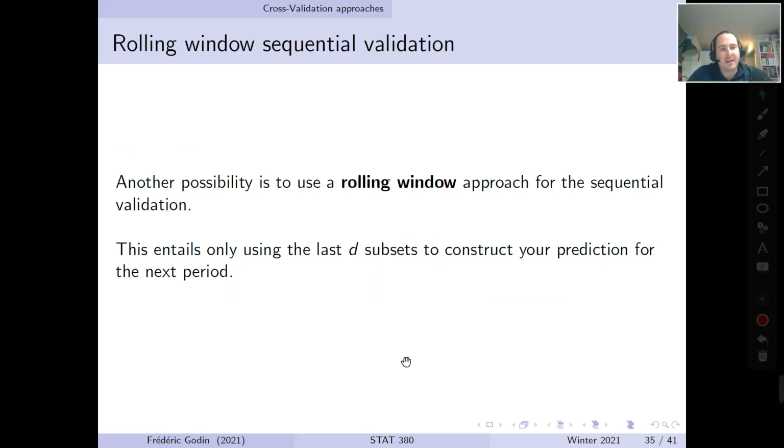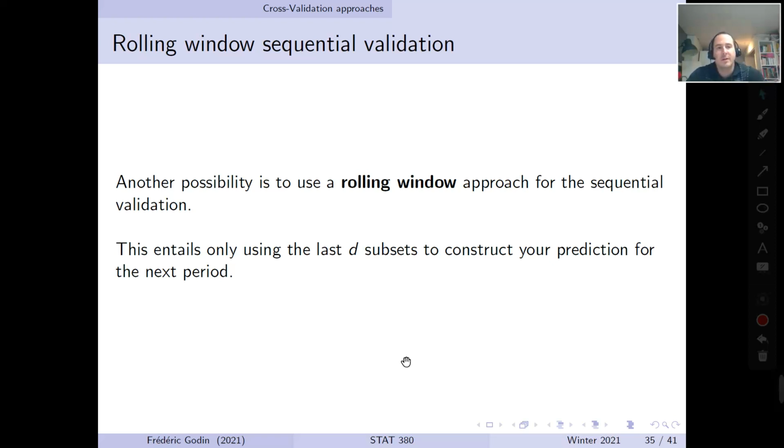There's another variation of the sequential validation procedure, which involves using what we call a rolling window. So the idea here is when the data sets are, again, collected sequentially in time, when you have some data that dates too far back, sometimes it becomes irrelevant. So let's say you're trying to predict stock returns or something like that.